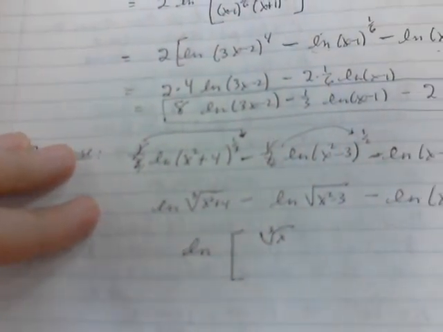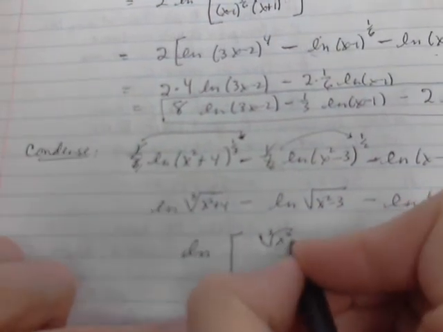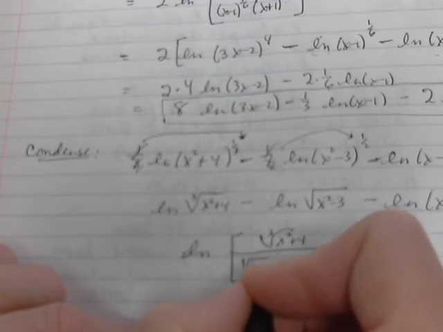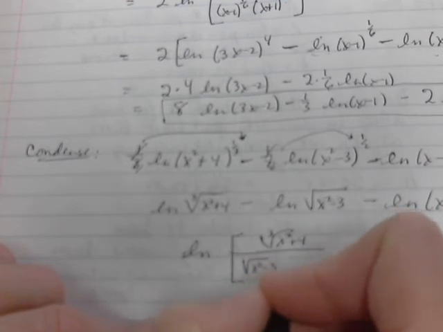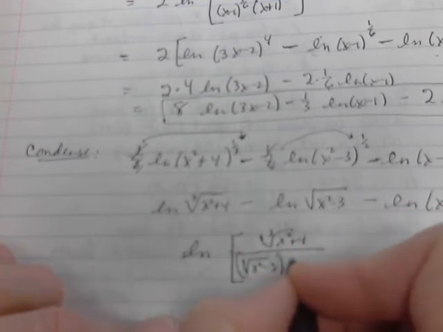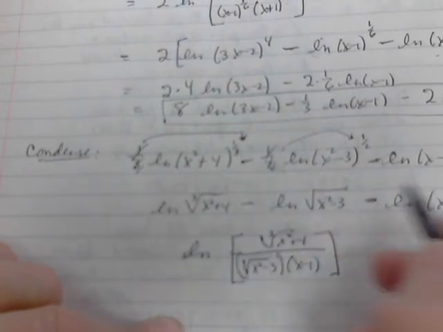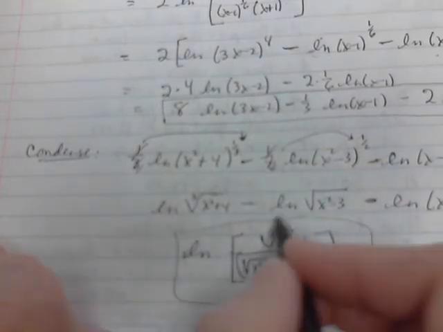All right, here we go. The cubed root of x squared plus 4 is on the top, and the square root of x squared minus 3 is on the bottom, and that gets multiplied by x minus 1. It also goes in the denominator because of the negative in front of that. So that's totally condensed.